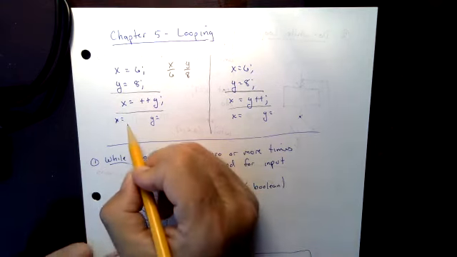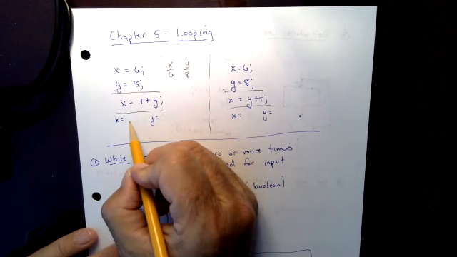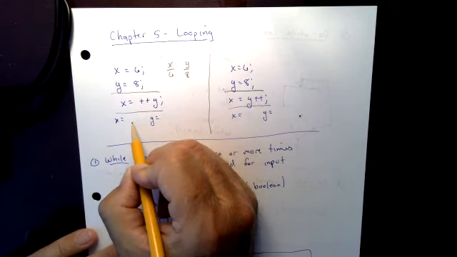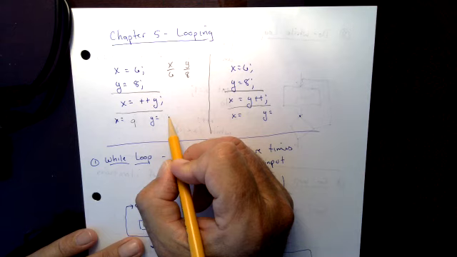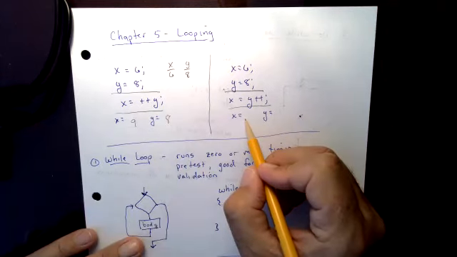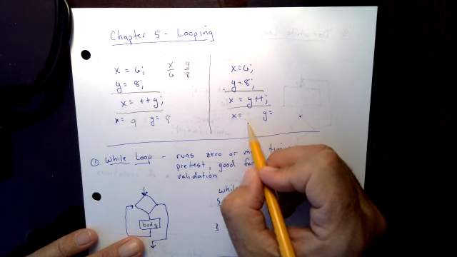Here we go. What do we got here? Give me an X. 9. I hear a 9. Give me a Y. Eight. I hear an 8. Over here, give me an X. 6. I hear a 6.